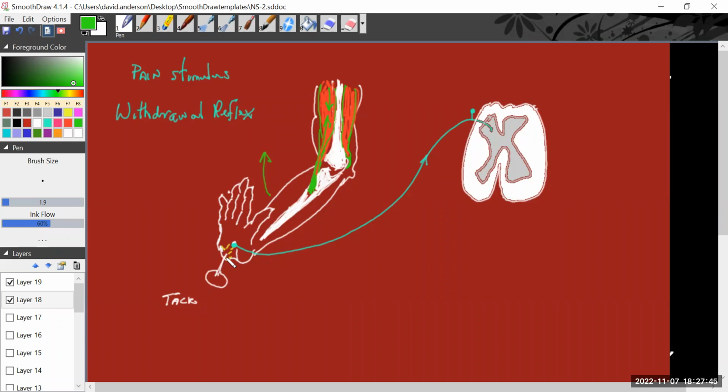That's what our goal is. So what's going to happen is we're going to synapse on a motor neuron that goes to the biceps.